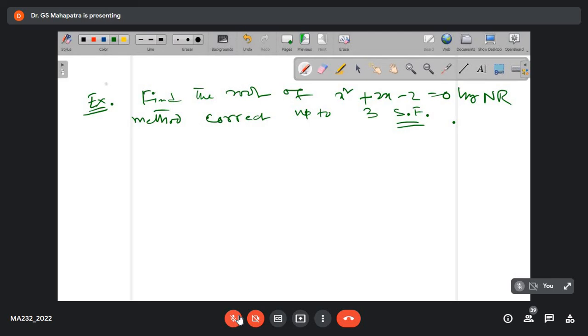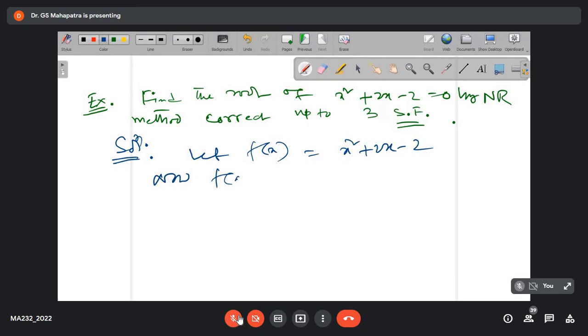So now the solution. Let f of x equals x square plus 2x minus 2, fine. Now you have to find the interval where f of a naught into f of b naught is less than 0. Here f of 0 equals minus 2, and f of 1 equals 1 plus 2, so it is 1.